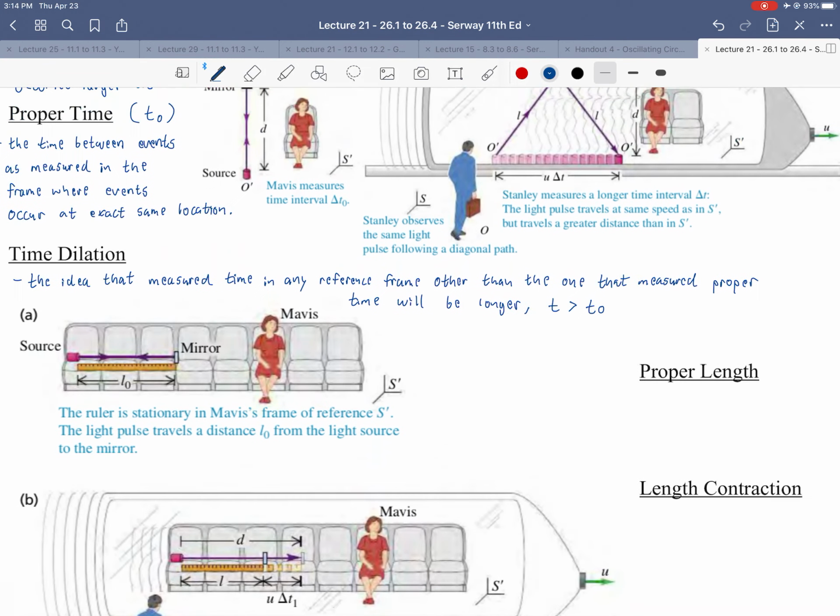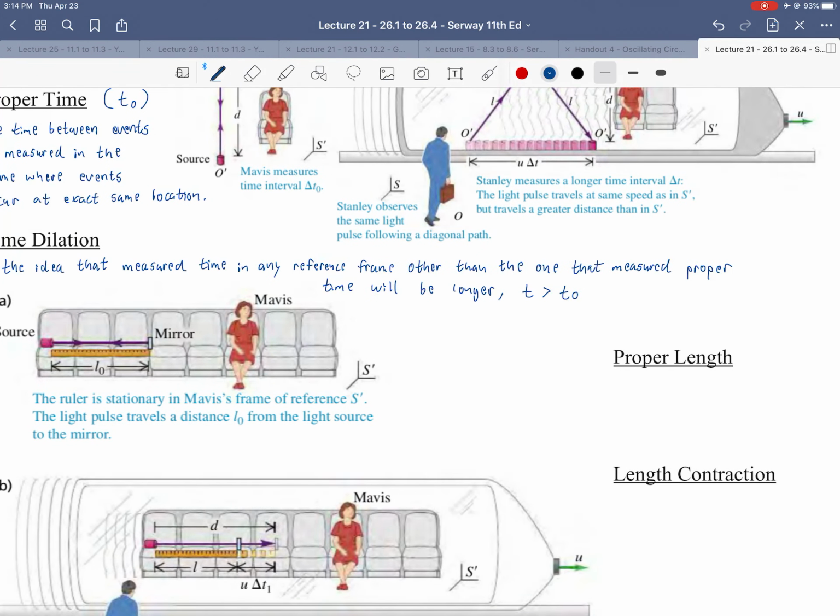Okay, so first of all, we need to define it. It's super important here. Proper length is represented by L naught, using the lowercase cursive l, and is the length of an object as measured in the frame where the object is at rest. That seems totally reasonable, right? Length, that sounds proper.